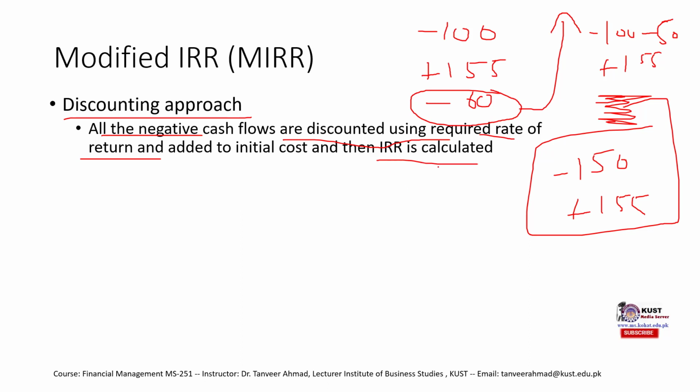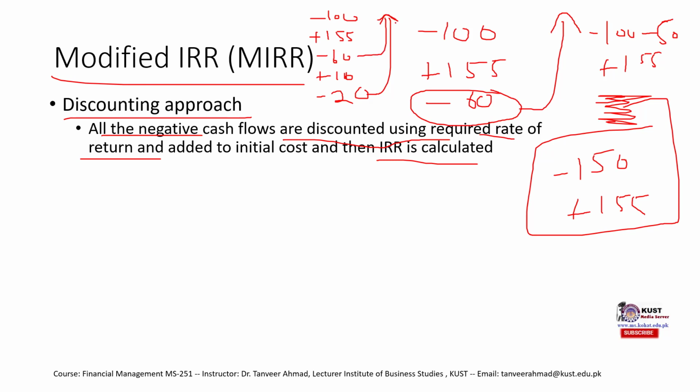The finding IRR portion would again be similar. We can either use trial and error method or interpolation. The only thing you need to understand in modified IRR is to convert non-conventional cash flows into conventional cash flows. The first approach is discounting approach, where we discount all the negative outflows. Another example, if we had minus 100, again plus 155, minus 60, plus 10, and then minus 20, then what would we do? We would find the present value of this minus 20 and the present value of this 60.